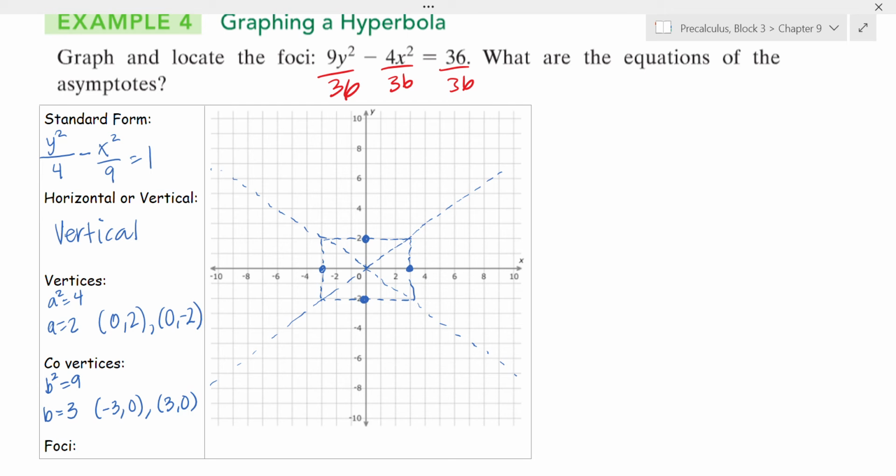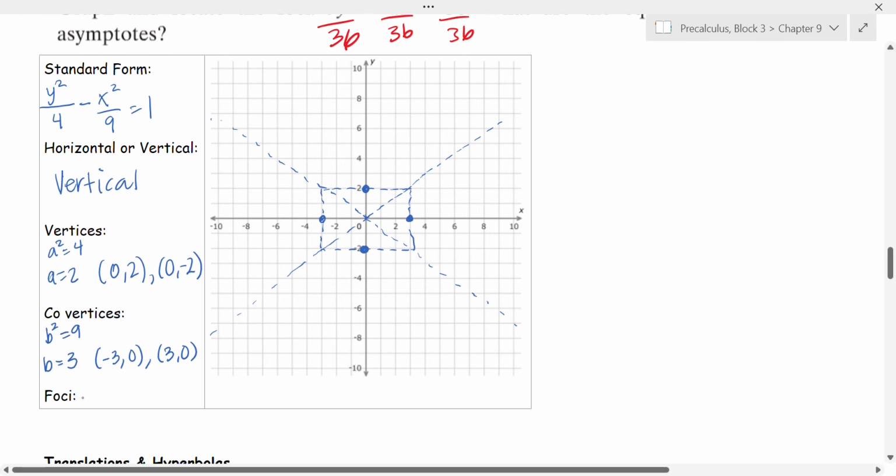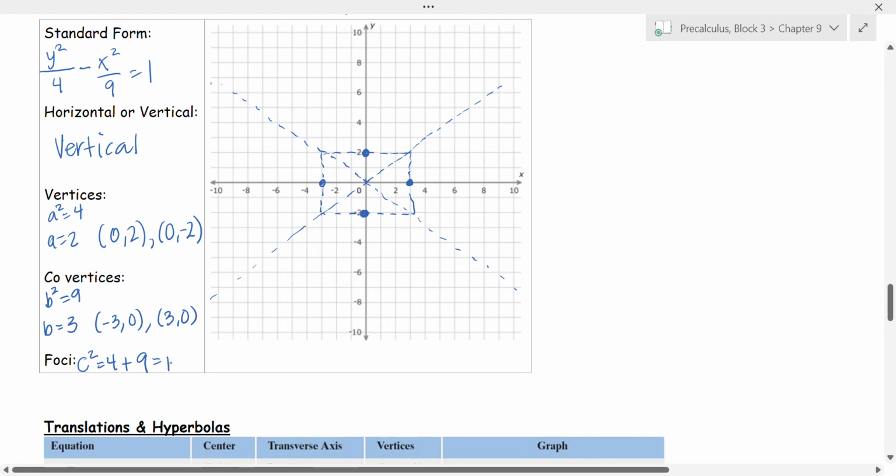And now the next step is to figure out the foci, because we don't want to forget the foci. c squared equals a squared plus b squared, 4 plus 9, which equals 13. Therefore, c is the square root of 13, which is approximately 3.5 when we graph. And so the actual points are going to be along the y-axis, in line with the vertices.